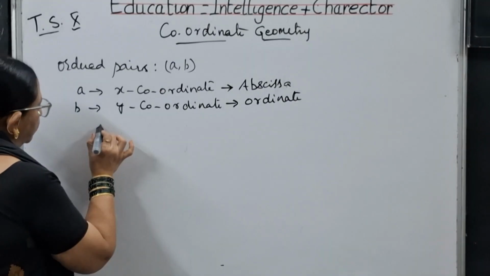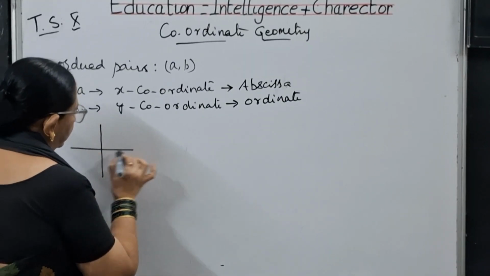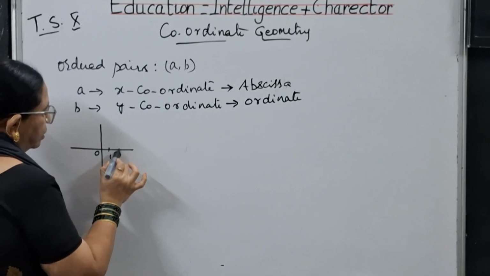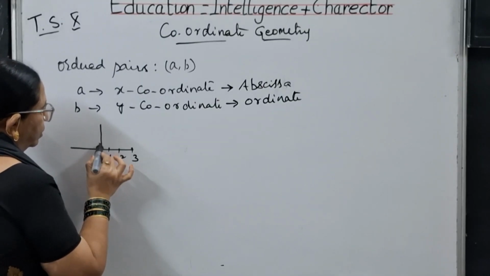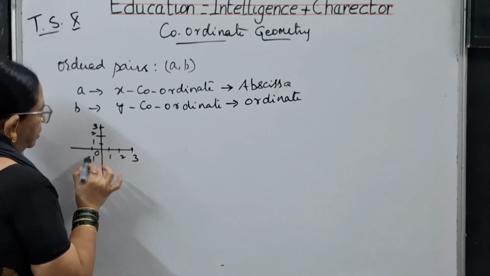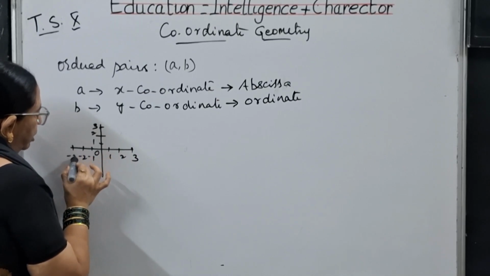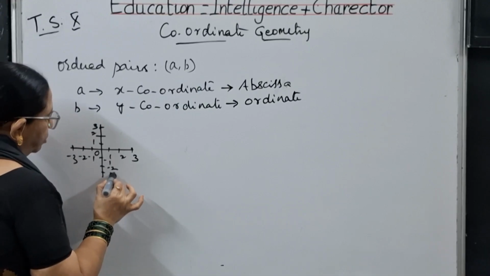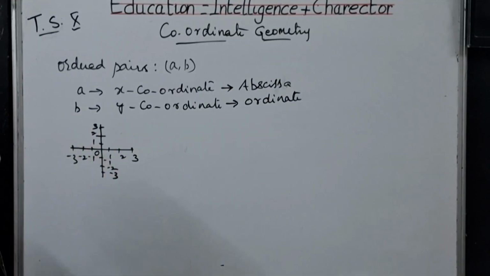So, what are these x coordinates and y coordinates? In a graph, you know that this is 0. If you take 1, 2, 3, so on, here minus 1, minus 2, minus 3, here also minus 1, minus 2, minus 3, it goes on like this in the graph.